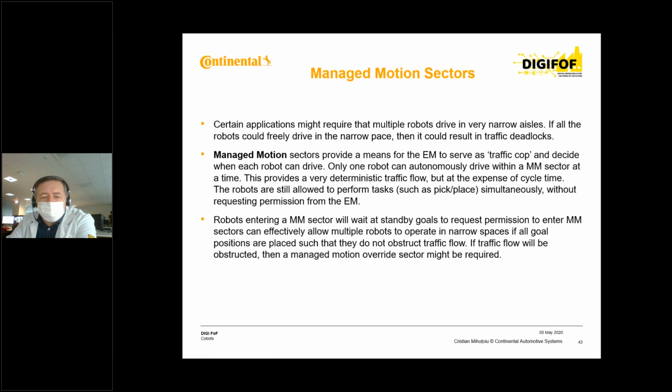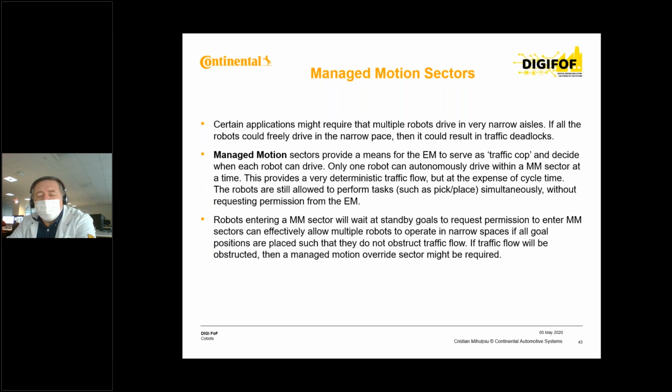Managed motion sectors provide the means for the fleet manager to serve as a traffic cop and decide when each robot can drive and other robots cannot drive. It's like an intersection. You have several robots, several AGVs, coming from different directions, and only one can pass, can enter into the room, but there are 3 or 4 wanting to go into the same room at the same time.